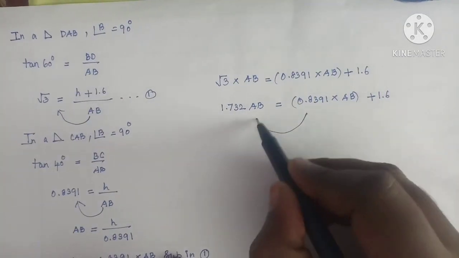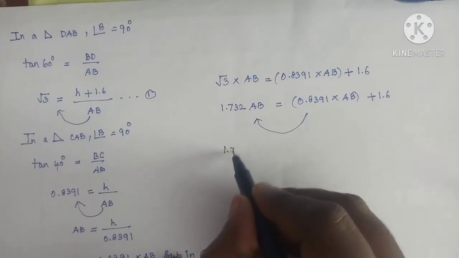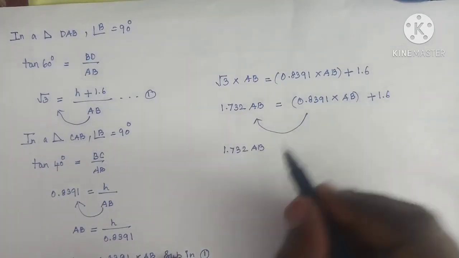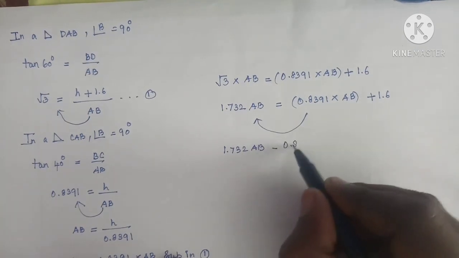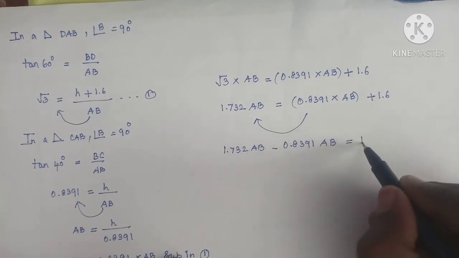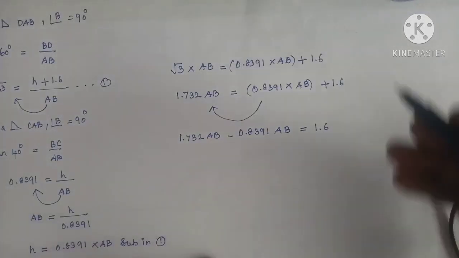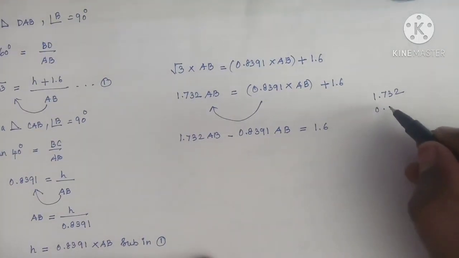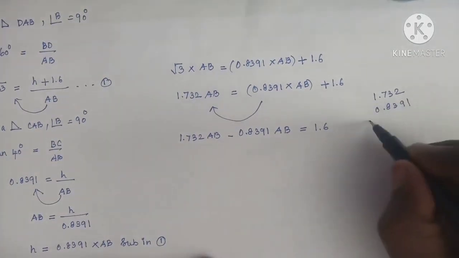If you take this to the left-hand side, 1.732 AB, it is plus, it becomes minus: 0.8391 into AB equal to 1.6. So 1.732 minus 0.8391.